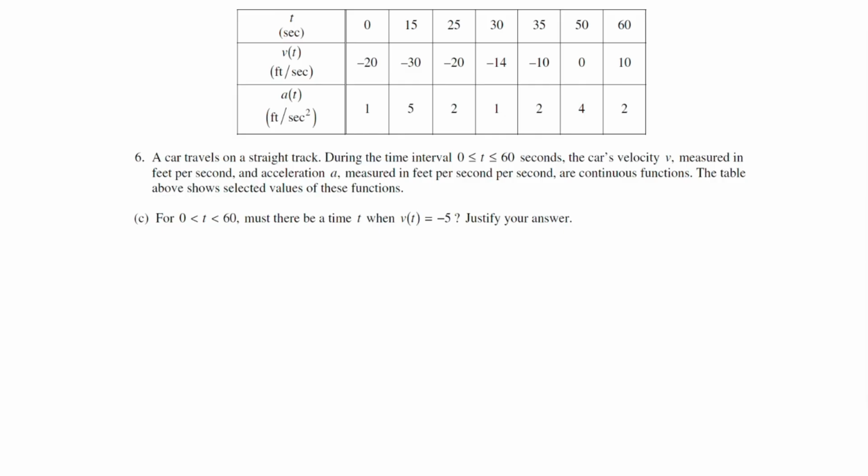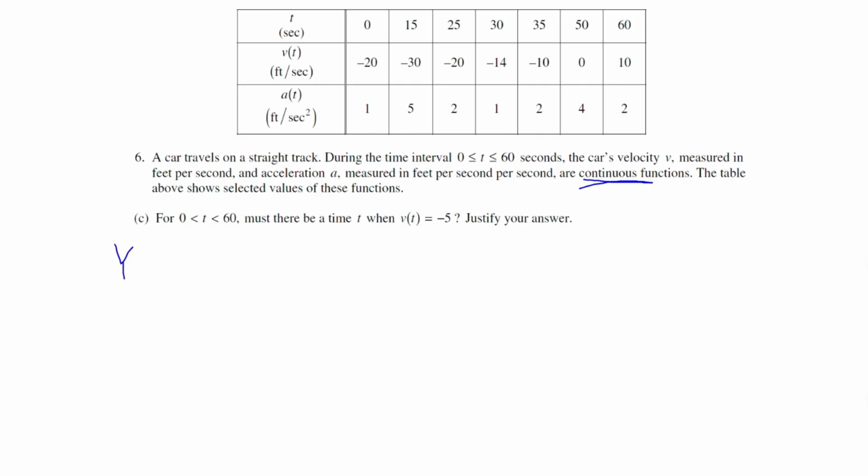In part C, it says, is there a time on 0 to 60 when the velocity must equal negative 5? Well, we know that velocity is a continuous function. And if we look, we can see that there is a time at which the velocity is less than negative 5 and a time when the velocity is more than negative 5.